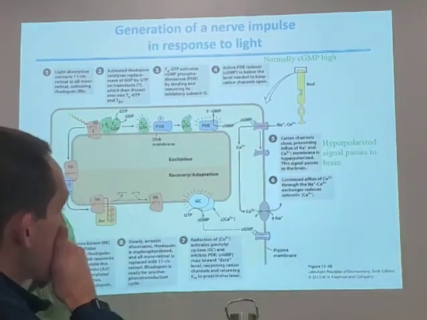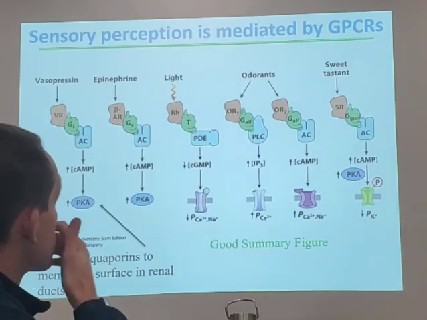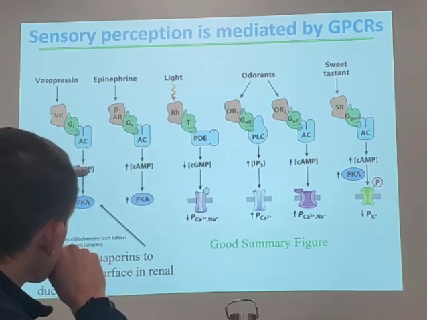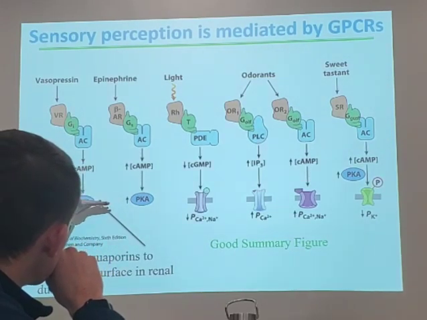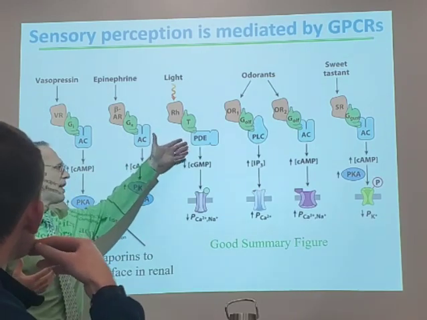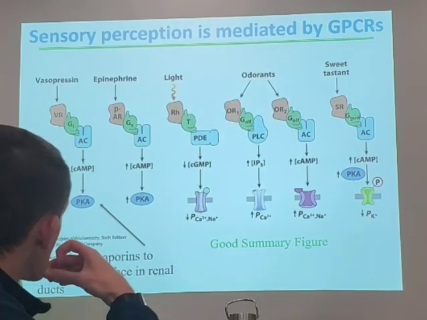So do you need to know everything? No. What do you need to know? This slide. What could I be thinking about in this slide? Oh, well, let's see. What are the common things I'm working with? Am I working with cyclic AMP, adenylyl cyclases? Got it. Okay, PKA, oh, phosphodiesterases, ion channels, are they going open or closed?